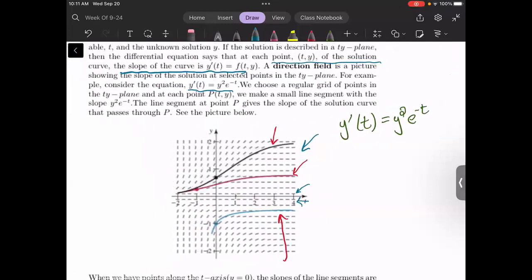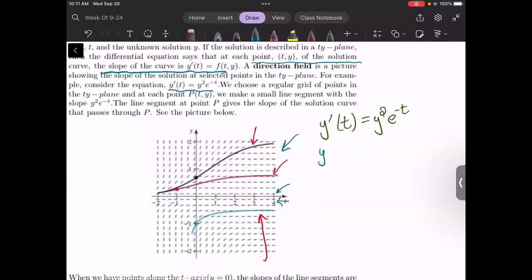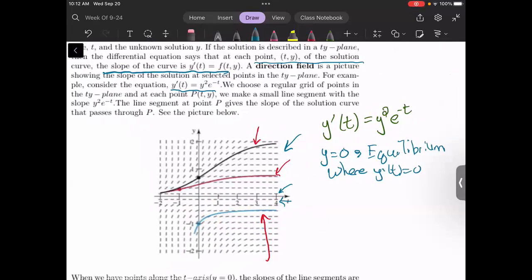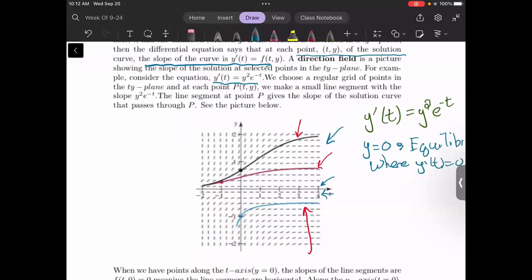This is a special point, because at y equals 0, this is where the differential equation is at what's called equilibrium. This is where y prime of t is equal to 0, so they call these solutions equilibrium solutions.